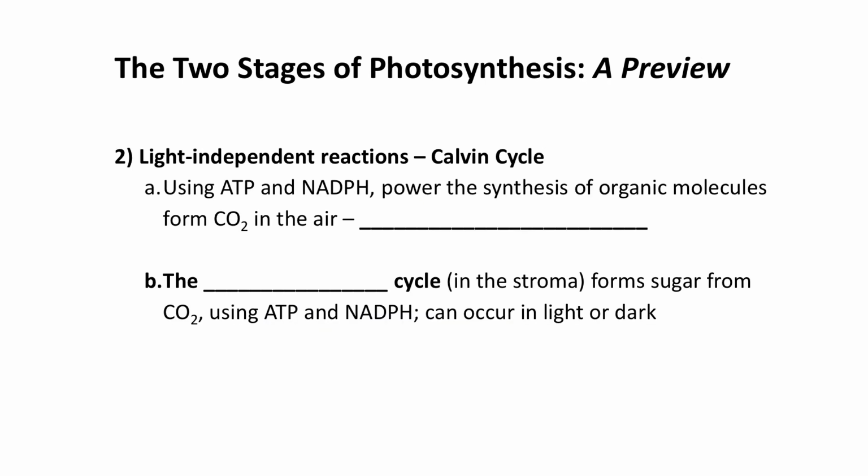The light-independent reactions that are part of the Calvin cycle use both ATP and NADPH to power the synthesis of organic molecules from carbon dioxide in the air. This process is known as carbon fixation.